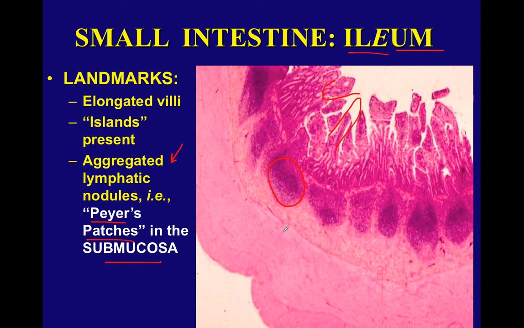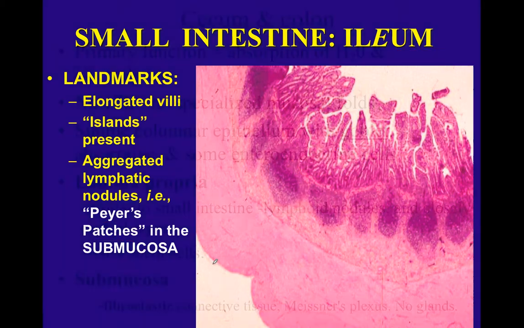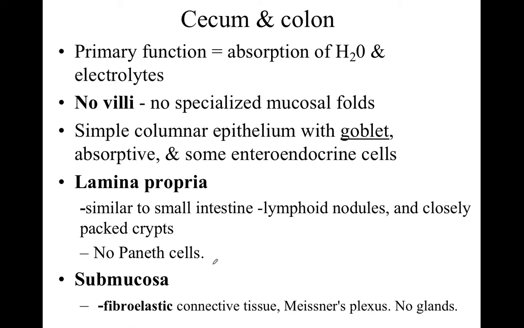Again, here we have the muscles. We have two layers, the inner circular and the outer longitudinal, and typically at this area here we have the serosa. When we consider the cecum and colon, their primary function is water and electrolyte absorption. Very important, there are no villi in the cecum or colon.